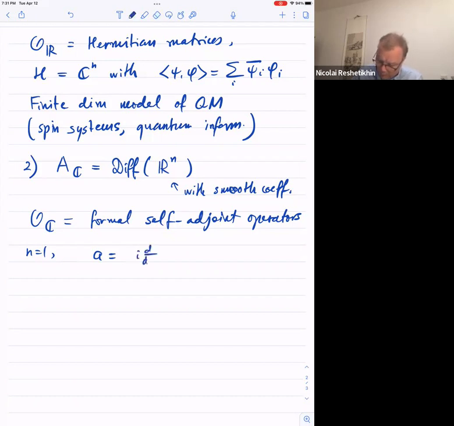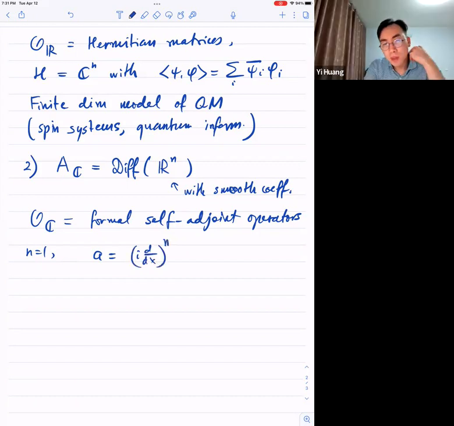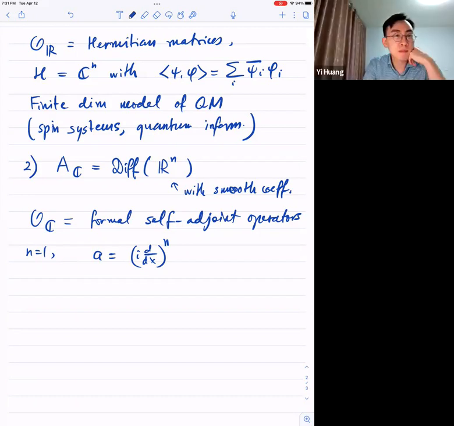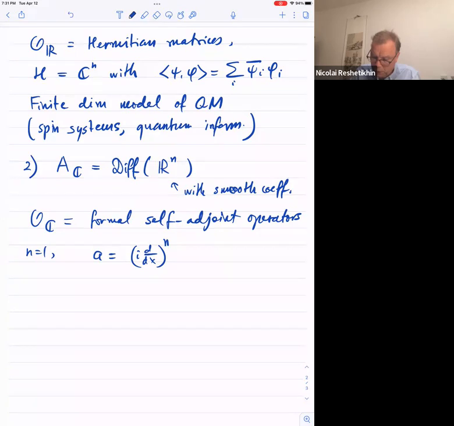Sorry, what are the complex coefficients in diff Rn? Oh, these are just sums of differential operators, with a multi-index.